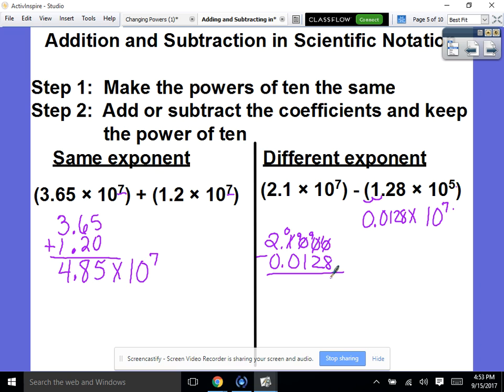So 10 minus 8 is 2, 9 minus 2 is 7, 9 minus 1 is 8, 0 minus 0 is 0, and 2 minus 0 is 2. We changed our power of 10, so now all we have to do is keep that power of 10, times 10 to the 7th.